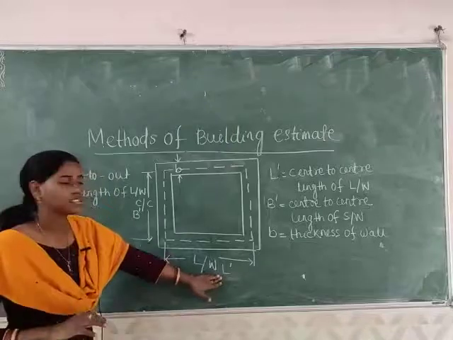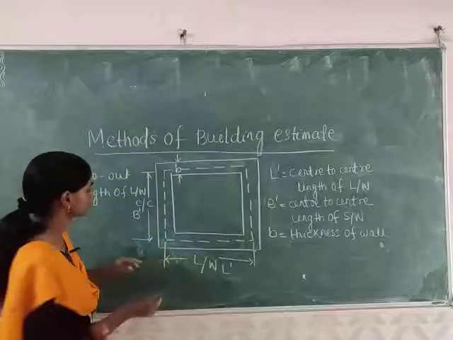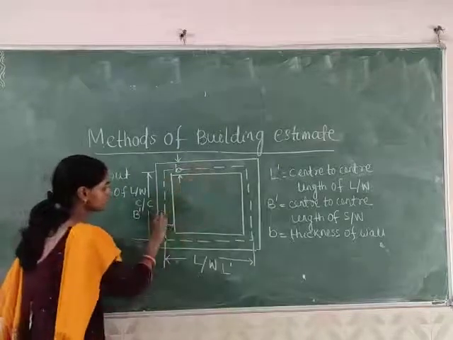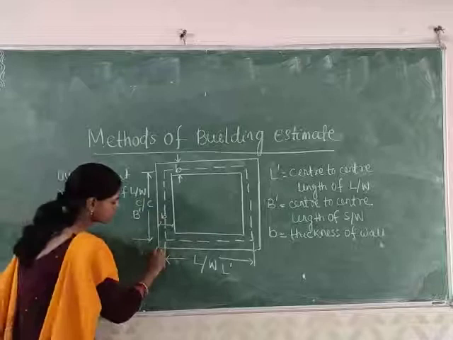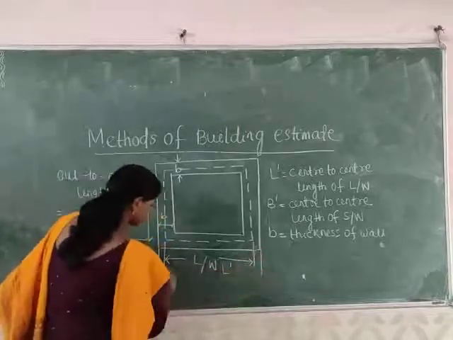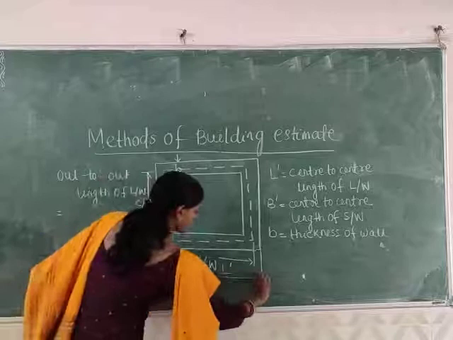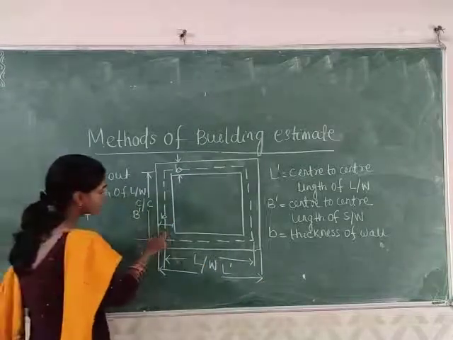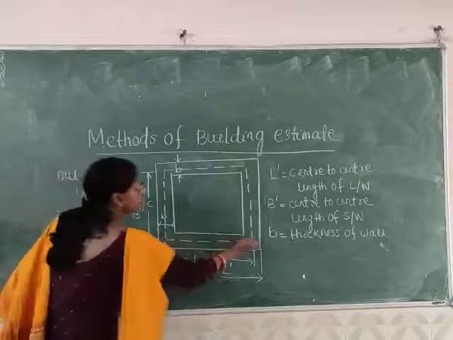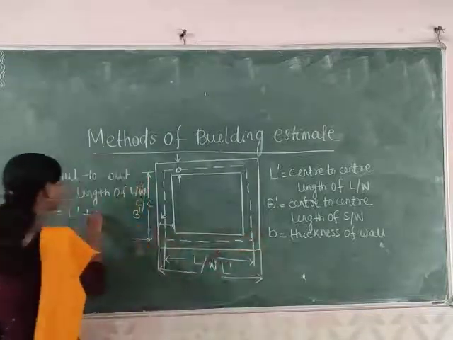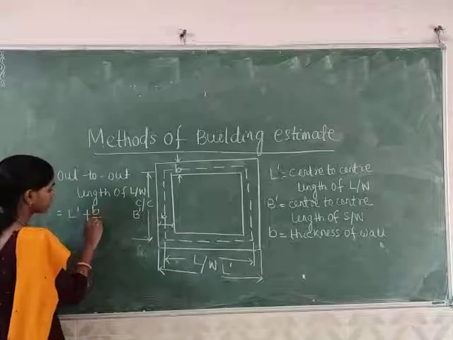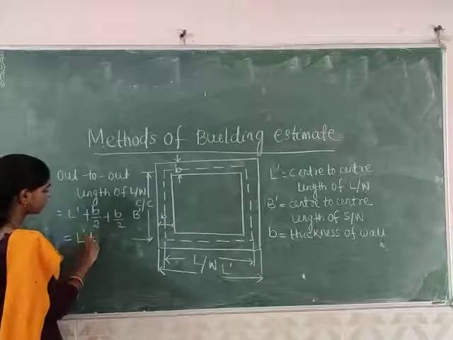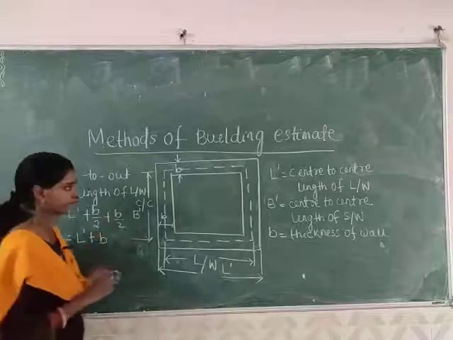Our center to center length of long wall is L dash and the thickness of the wall on each side is small b. So, the out to out length will be the center to center length L dash plus half of the thickness on one side and half of the thickness on another side. So, this will be L dash plus b by 2 plus b by 2. In total, we can write it as L dash plus b.